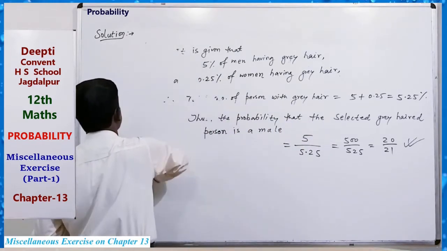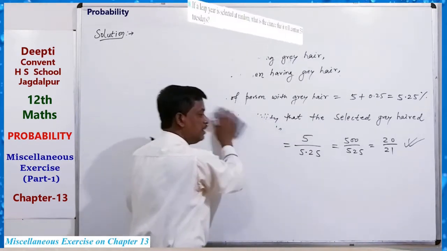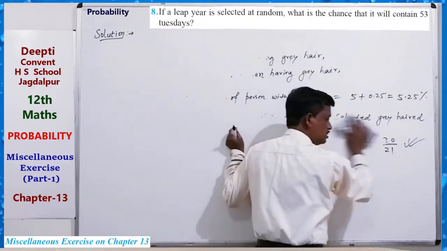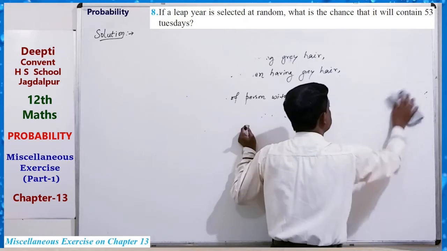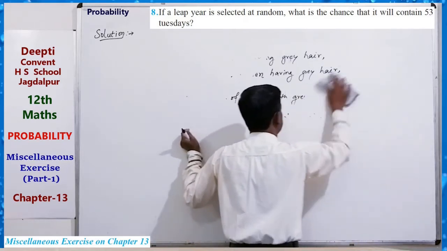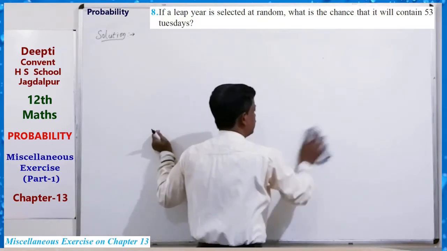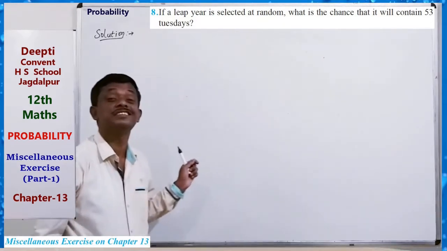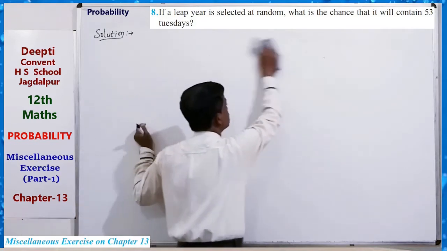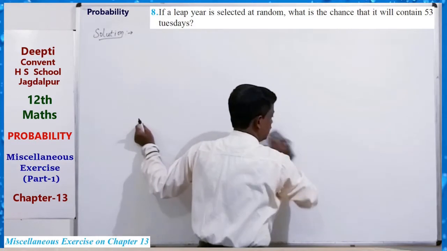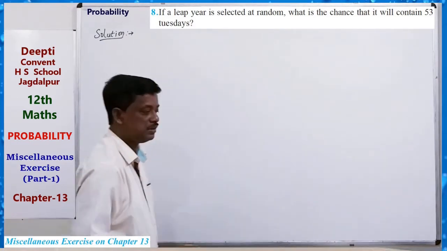In question 8: if a leap year is selected at random, what is the chance it will contain 53 Tuesdays? A leap year contains 366 days. Here we discuss how to find the probability.